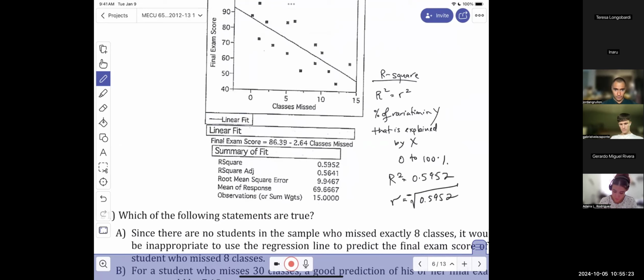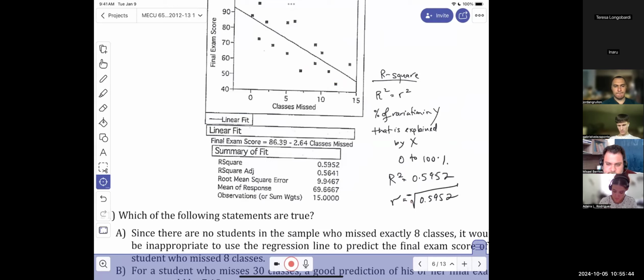Why? Because when you square it, you lose the sign. So when I take the square root, I have to put it back in. It's not always negative, but it's going to be negative for this graph.